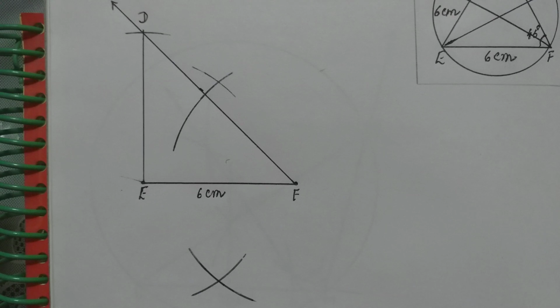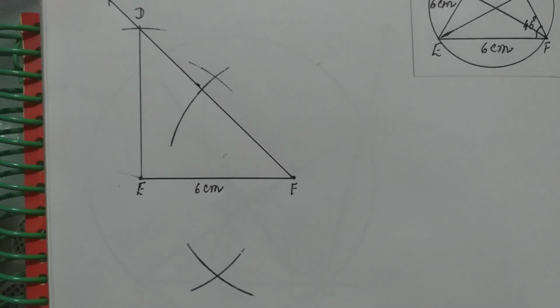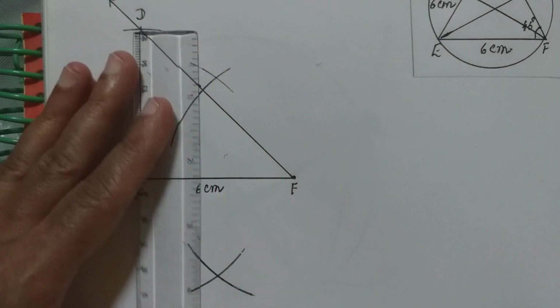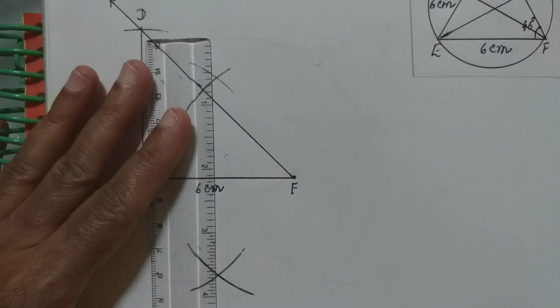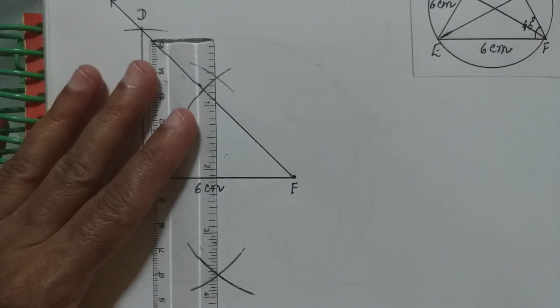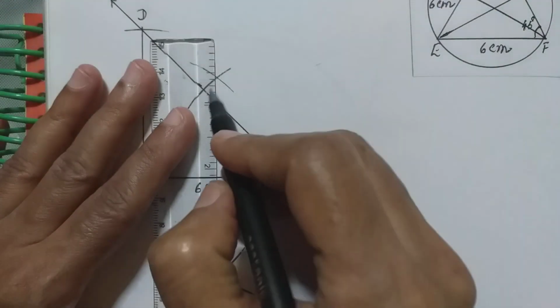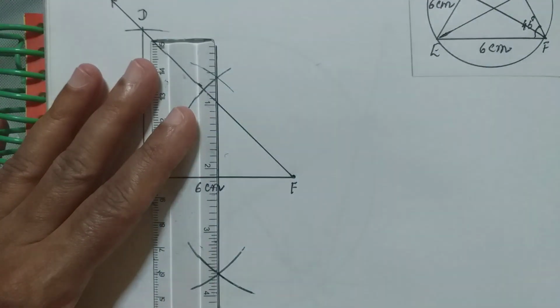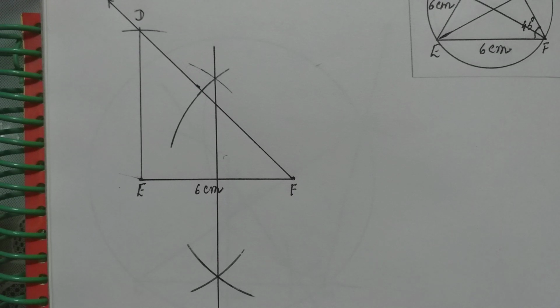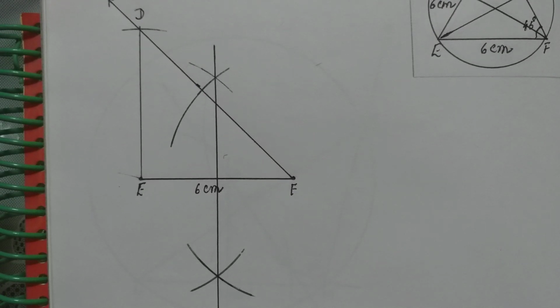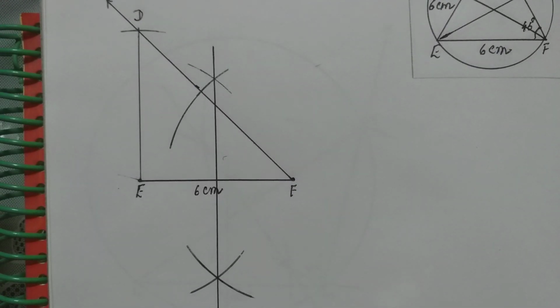Now once they have cut each other, we have to draw a line passing through the point of intersection of the two pairs of arcs, which will be the perpendicular bisector of the side EF. Okay, so one perpendicular bisector is drawn.